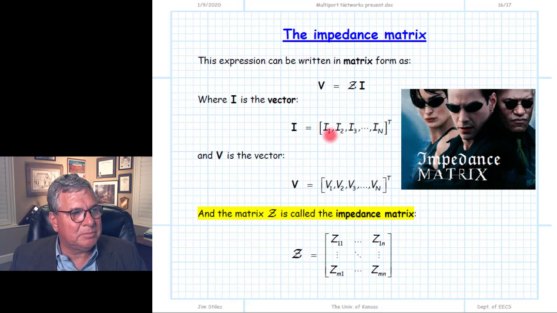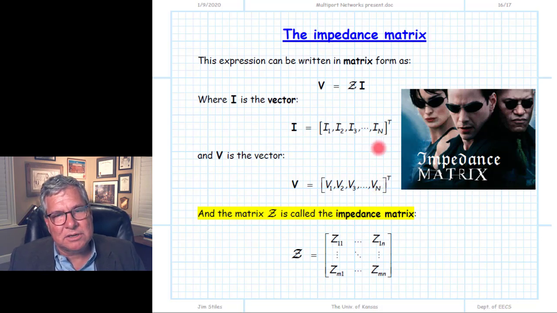And the vector is simply a stacking of each of the complex values of the currents for each of the ports of that device. We can do the same thing for the voltage. We take the complex voltage for each port of a device and we stack them together into an n-dimensional vector. Notice the current vector and the voltage vector have the same dimension, and that's n, the number of ports in our device.